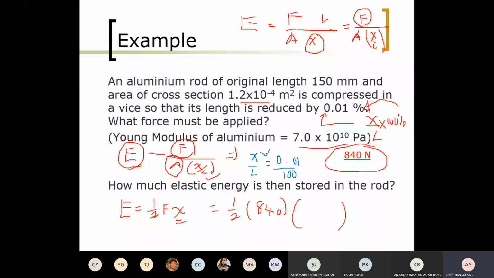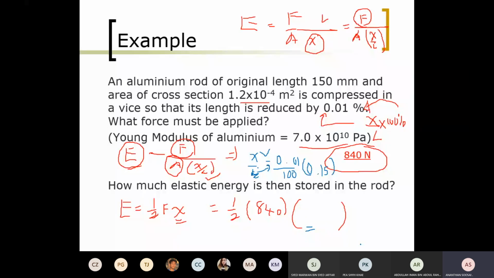I think you can find the extension. Just substitute the length. Length, bring to the other side. Cancel the length here. So X will be, length is 150 millimeter, so convert it to 0.15 meter. Put it in meter. Then you substitute the extension, then you get the answer.